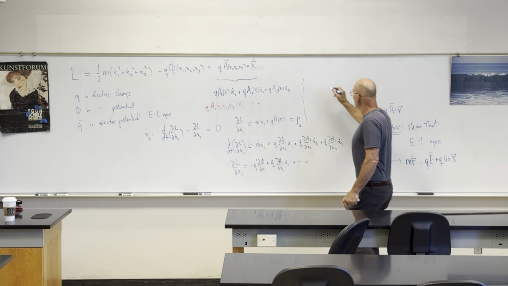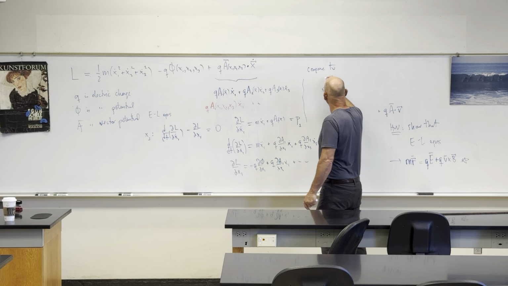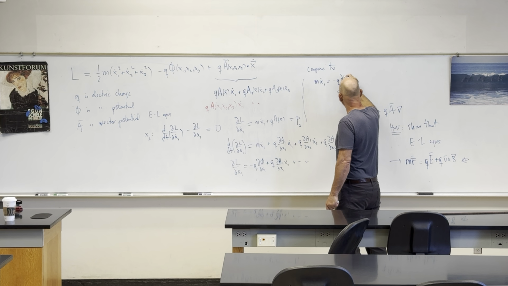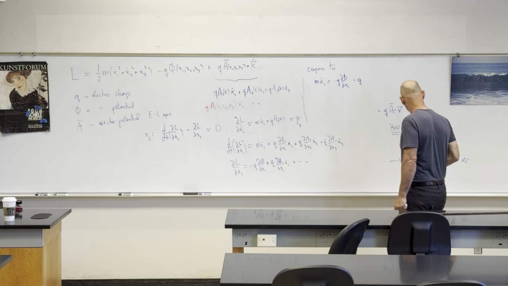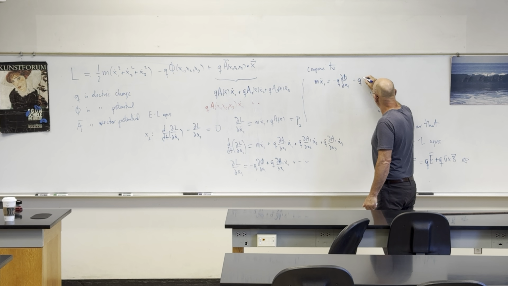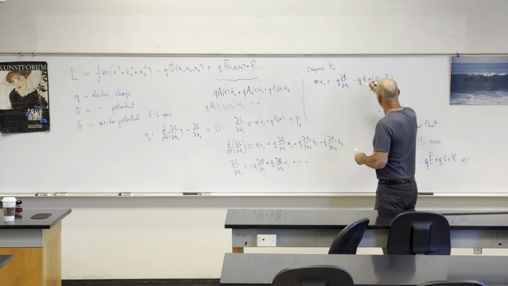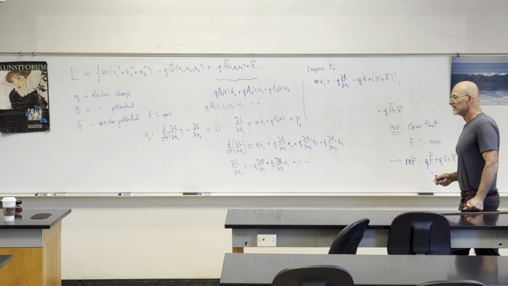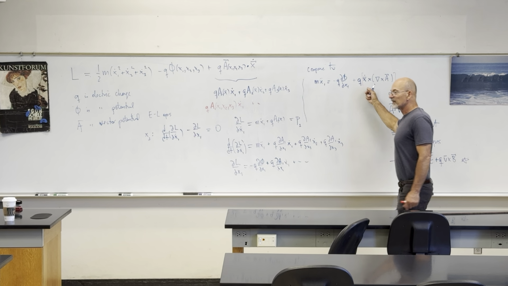So for example, we're just going to compare to this guy here, and we would have m x1 double dot equals minus q d phi dx1 plus q, and I'm just going to write... sure that the result of this matches up with the result of that, and then you've got the proof.